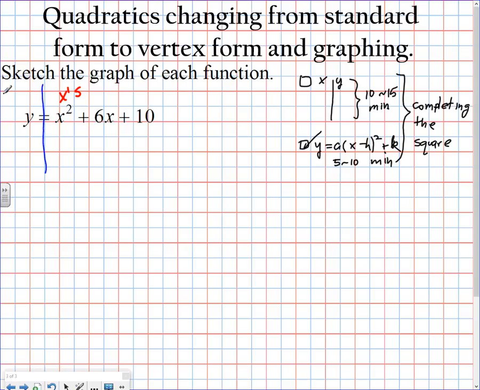On this side I want constants or numbers and y's. That's what I'm looking for, numbers and y's. That means I need this to be y's or numbers, and that is y.